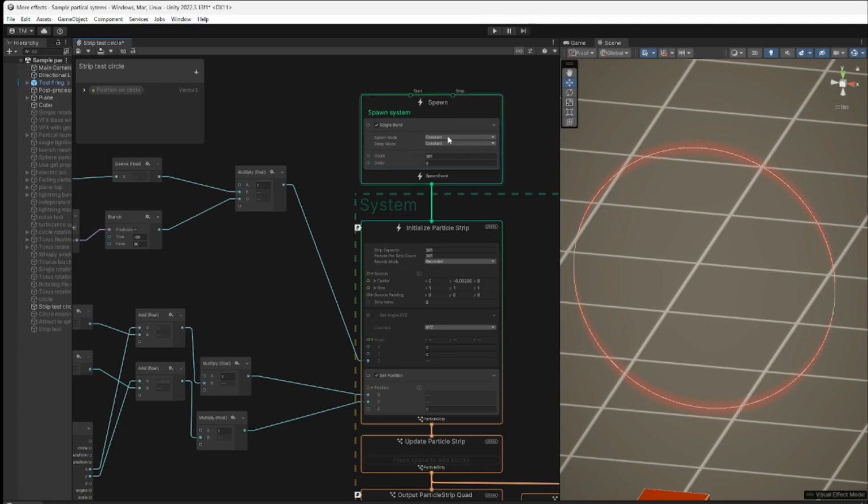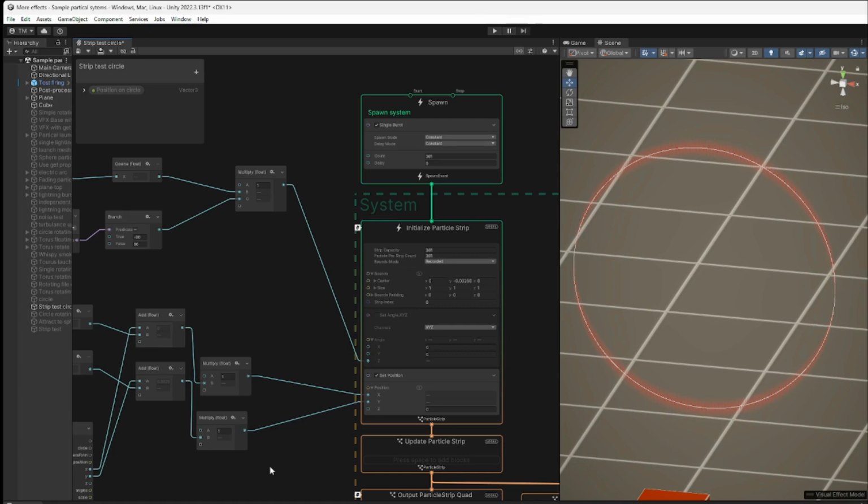In this case, it's a single burst because what I wanted is a circle of particle strips, or a particle strip that formed a perfect circle. The idea would be that instead of making a lot of particles together, I just want a solid line, basically, of a circle that I could manipulate and move around for a particular effect.